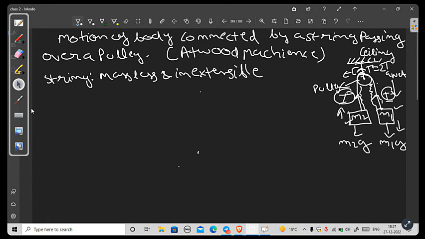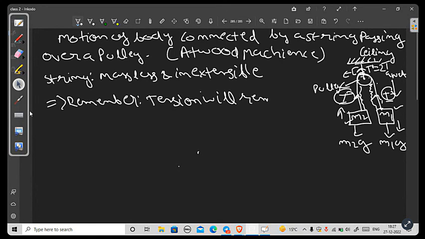Supposedly, if I ask you for the acceleration of the block M1 or M2, first you should remember that tension will remain the same throughout the string.